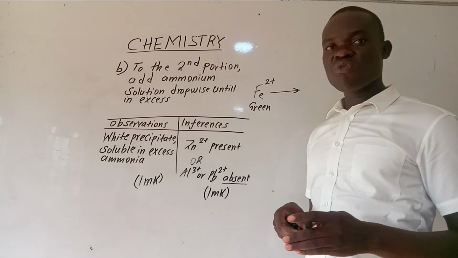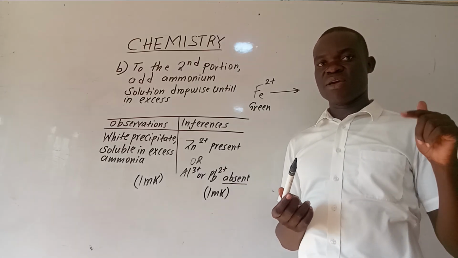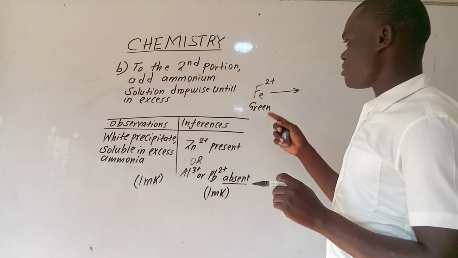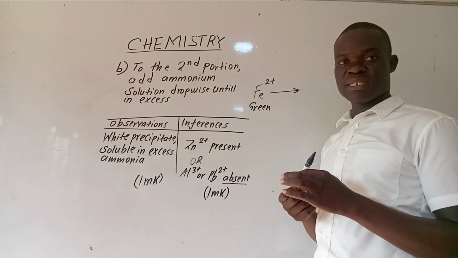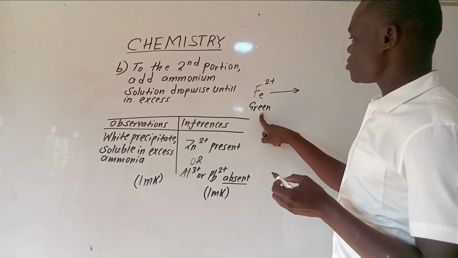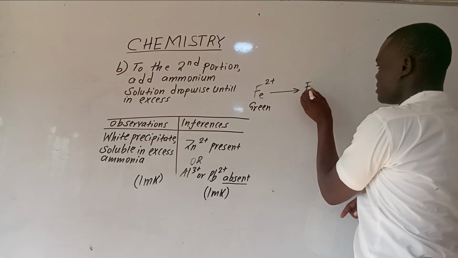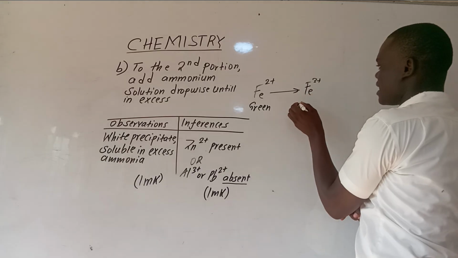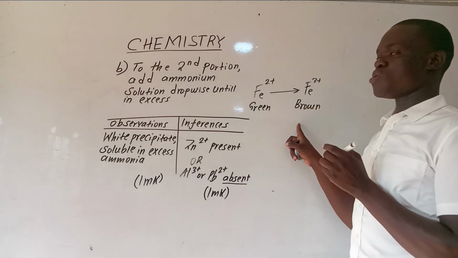Oxidation is the removal of electron from an atom or an already ion form. For example, iron has more than one oxidation state. So iron 2 ion is green. When a green solution changes to brown, it means iron 2 ion has been oxidized further into iron 3 ion, which is a brown one.